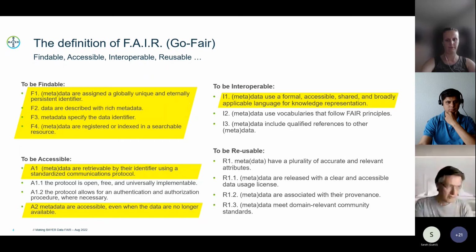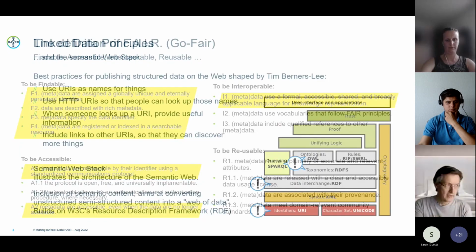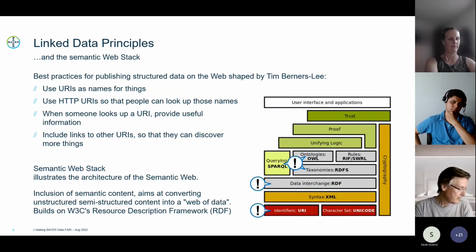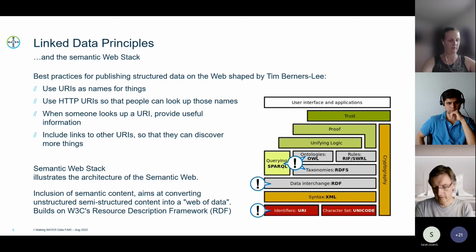So we looked at the market and looked at commercially available tools, and we found that they are not really implemented to really support FAIR. So we decided we want something that is fair in itself.